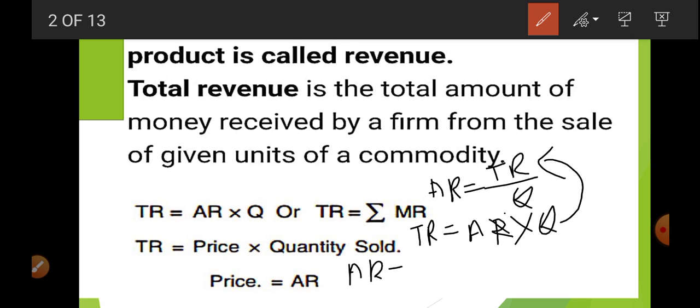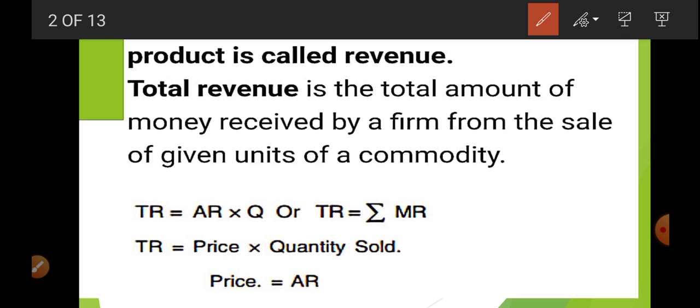AR is equal to AR multiply Q upon Q. So this Q, wait, I am going to write it again. Okay, so how we can write AR is equal to P? We are going to prove this.